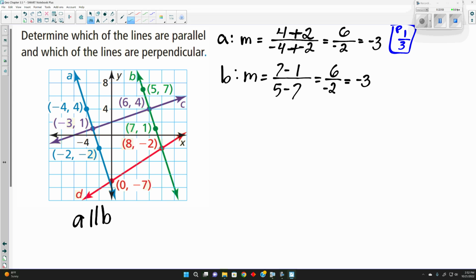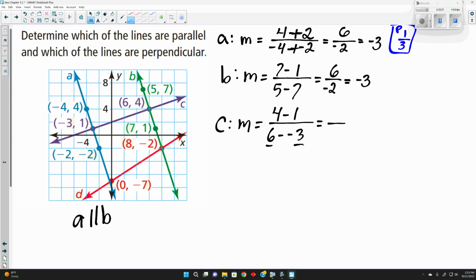All right, so let's look at C. So 6, 4, -3, 1. So we can say 4 minus 1 over 6. Does it matter? So having the -3 first. So if we went 1 minus 4, put the 6 minus... at top, it would, because it's going to be the change in y over the change in x.